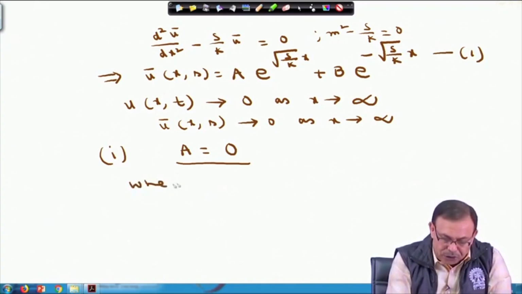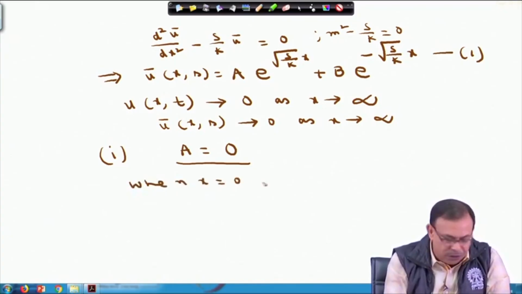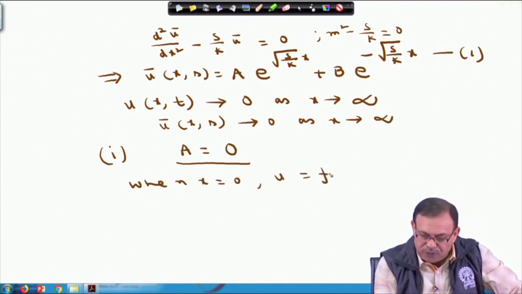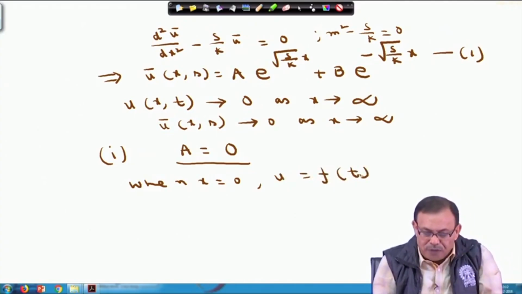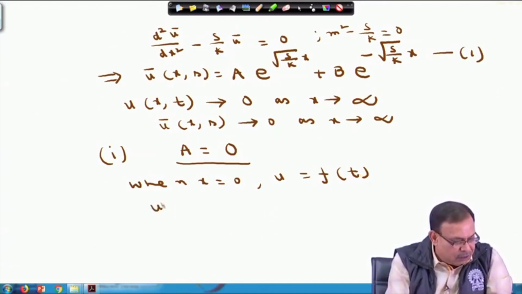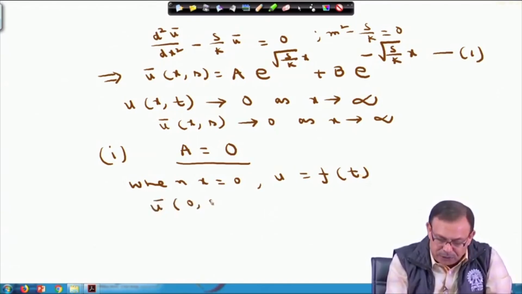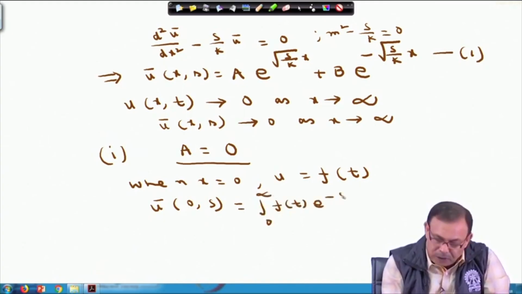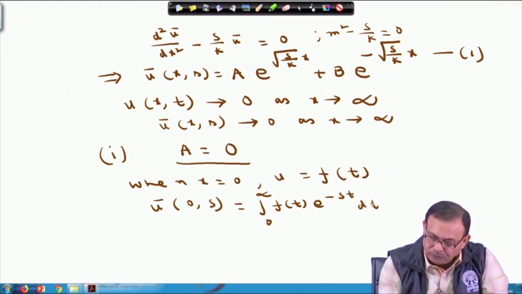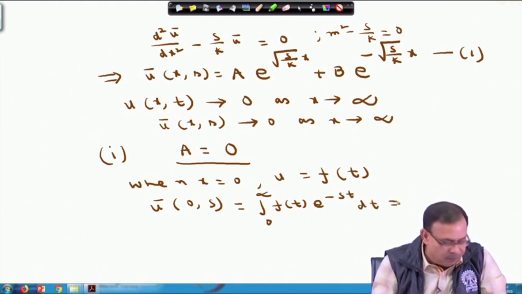Also, you know that when x equals 0, u equals some function of t, which is given to us. So from here you can tell that u bar(0,s) equals the integral from 0 to infinity of f(t) e to the power minus st dt, and this is nothing but f bar(s).